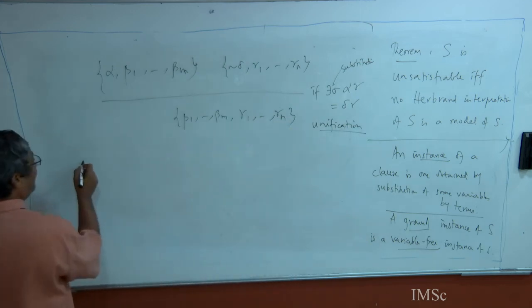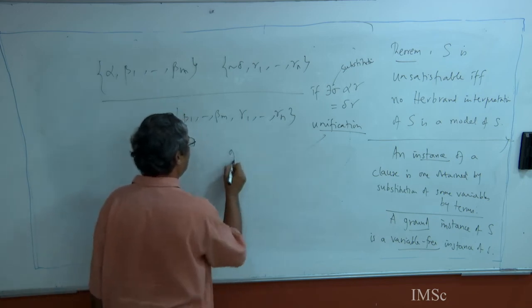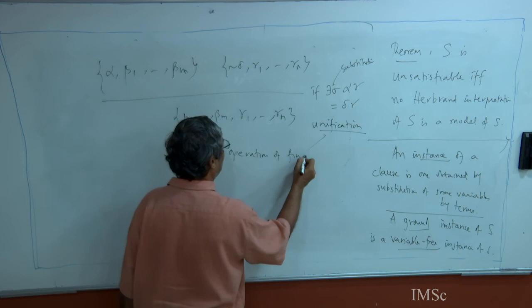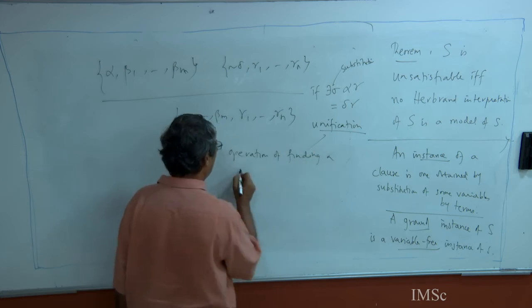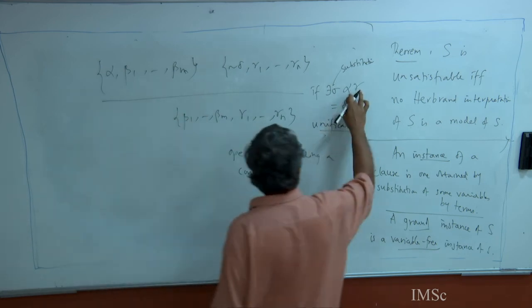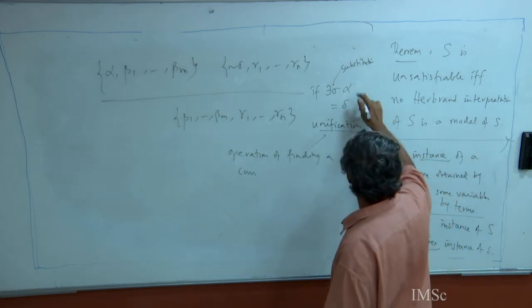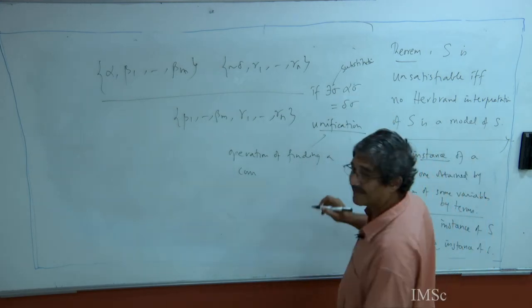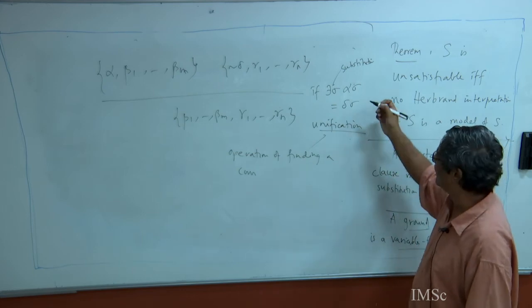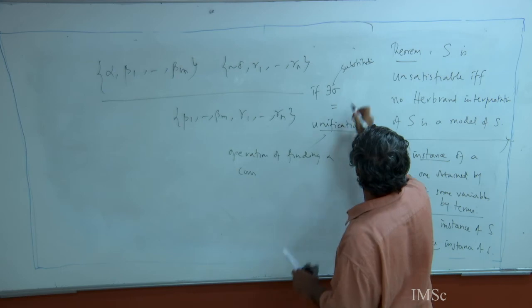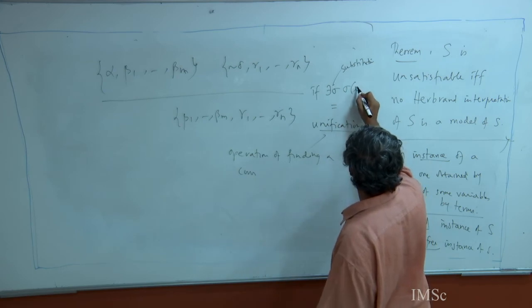So unification is the operation of finding a common instance. Remember, these are both instances, right? Alpha, oh, I'm sorry, what have I written? Either I should write it like this or under sigma, what have I written, alpha?